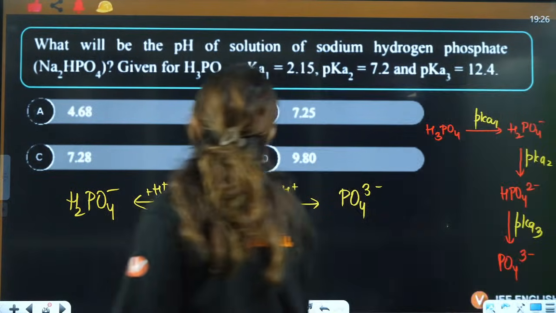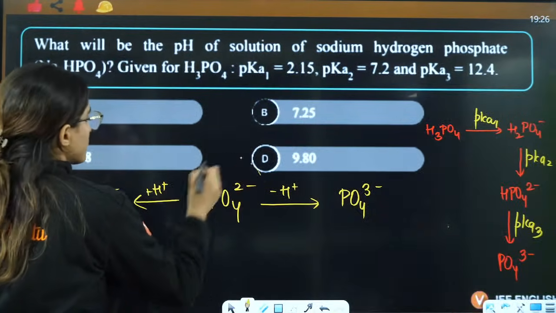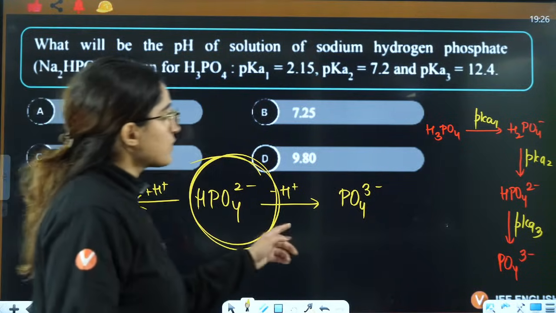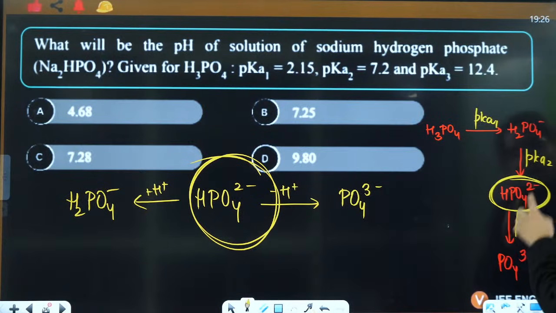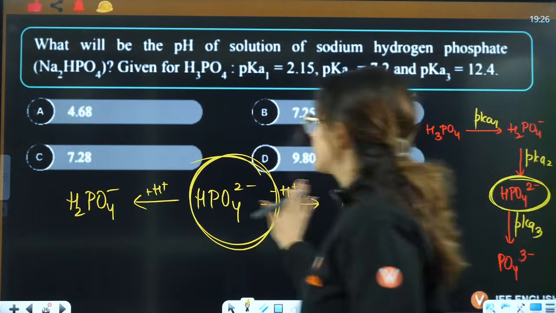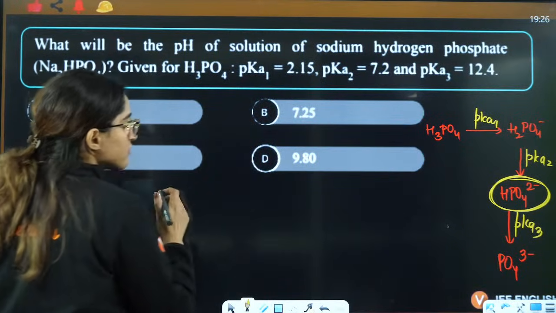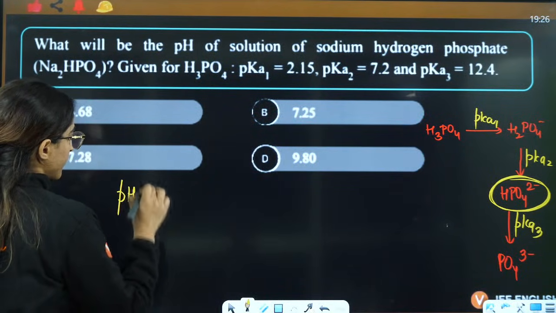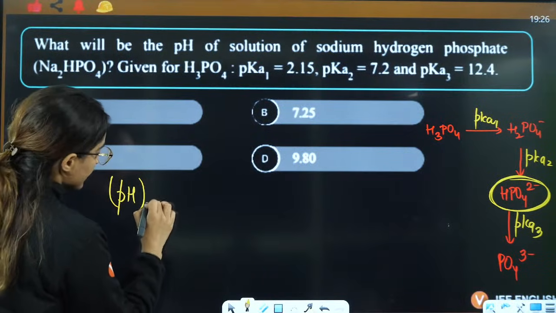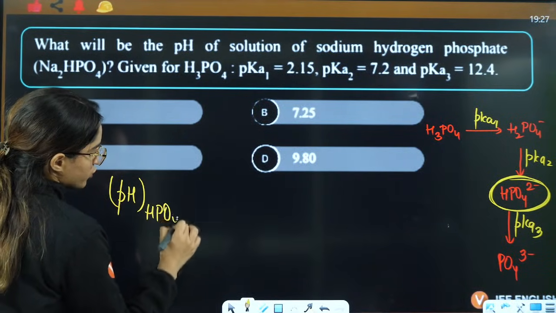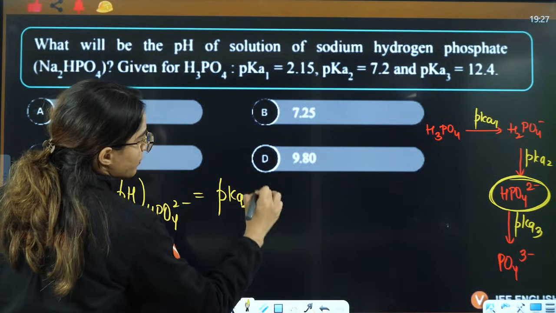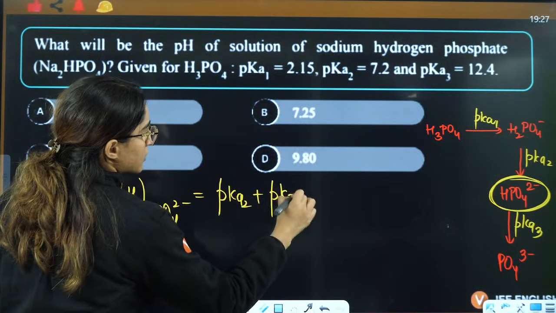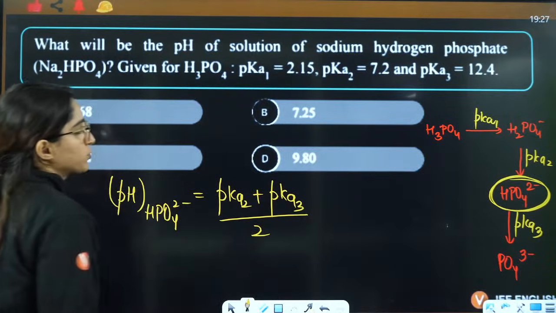What is my major case? They are asking me for this one, and this one is over here. So that means I have to add pKa2 and pKa3. So answer will be pH of HPO4 2 negative is (pKa2 + pKa3) divided by 2.